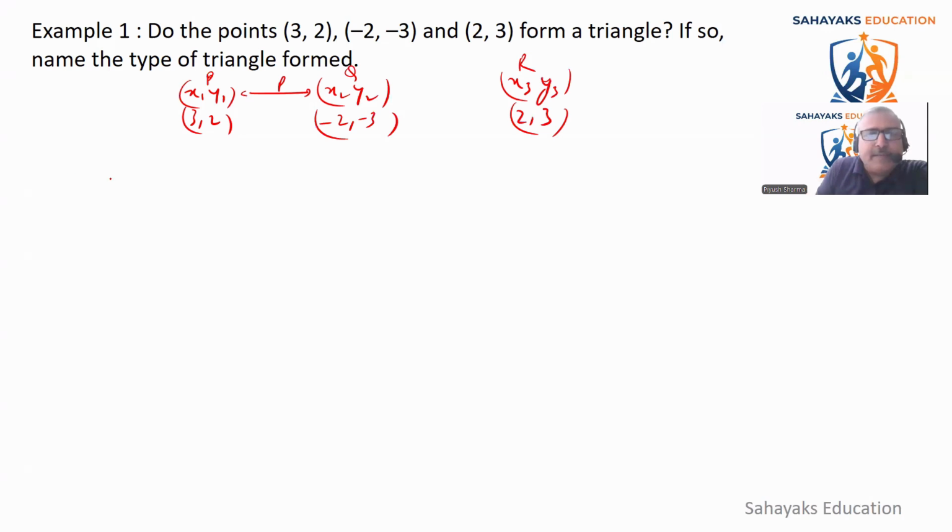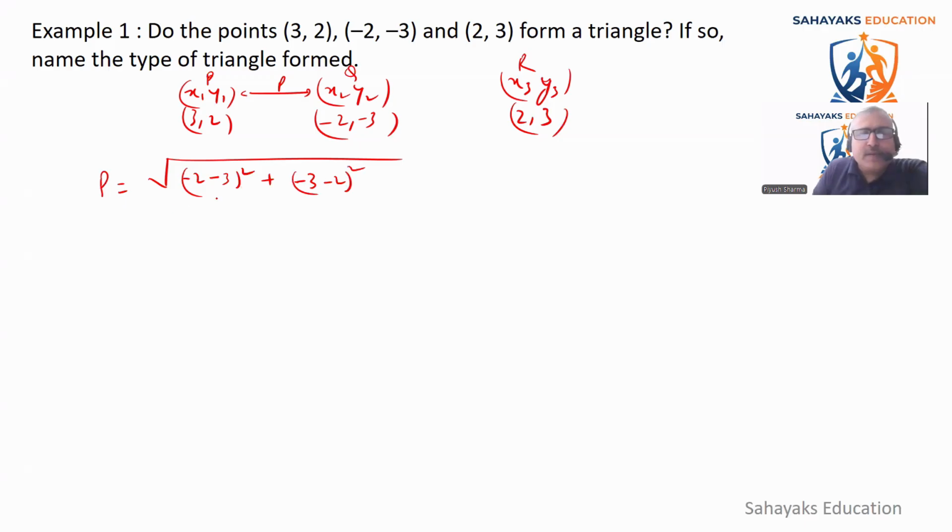So let's find P. The distance formula, P is equal to square root of (x2 minus x1) whole square, so (-2 minus 3) whole square, plus (y2 minus y1), (-3 minus 2) whole square.